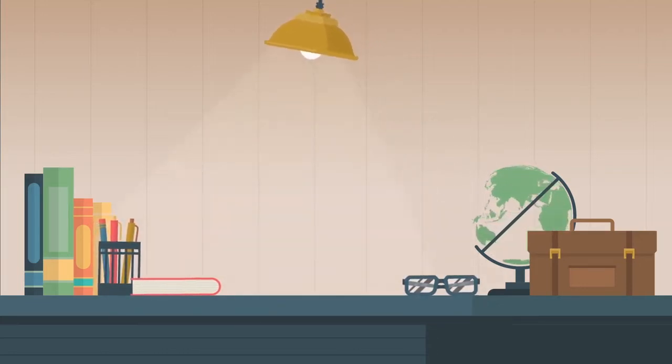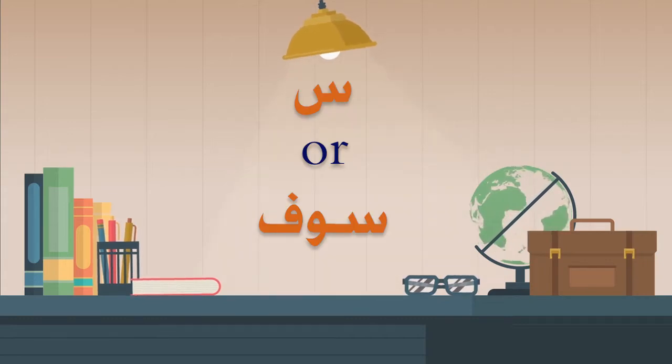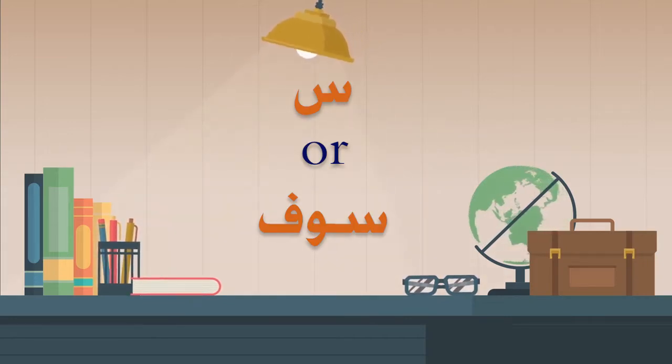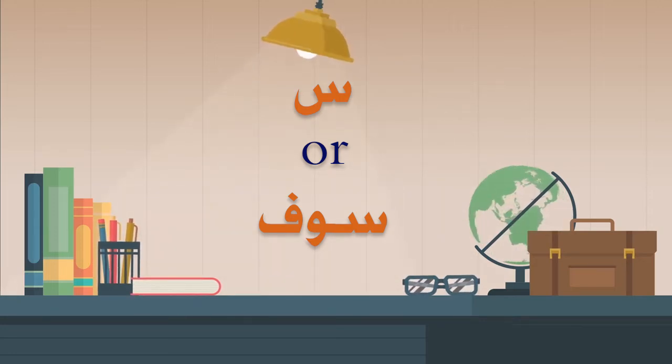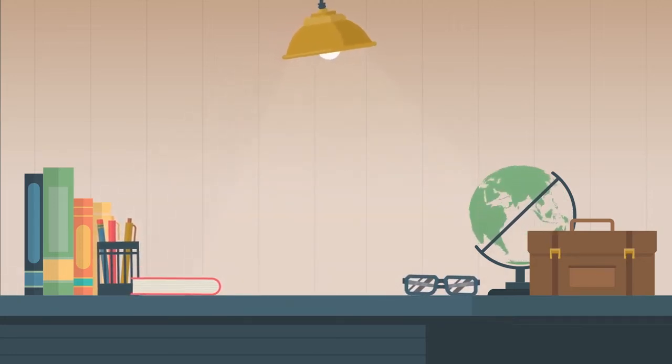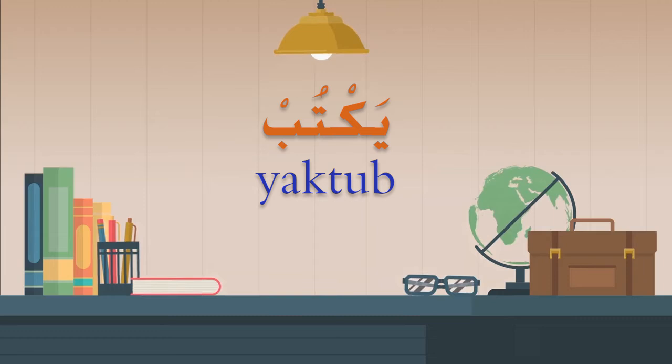The future tense is formed by adding either the prefix sa or the separate word sawfa onto the beginning of the present verb form. For example, yaktub, which means he writes.